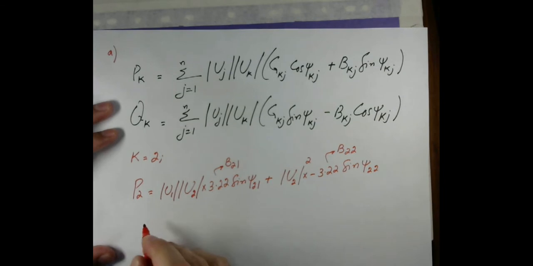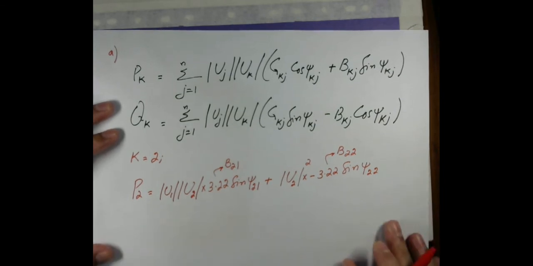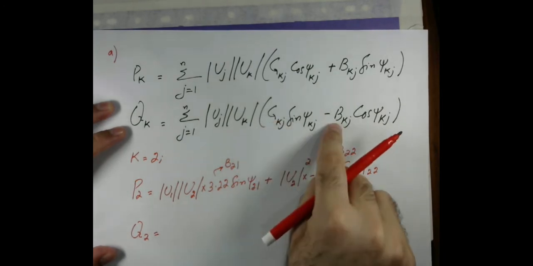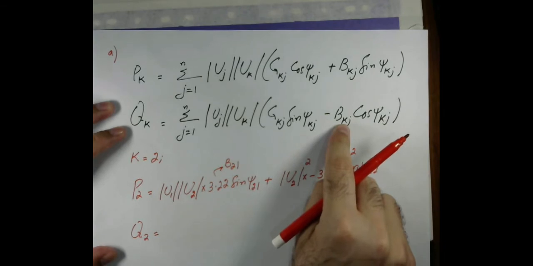Now let me write the expression for the reactive power. Q2 will be equal to, look here, k equal to 2, so it will also have two terms. As the conductance term is 0, it will have only the B term.